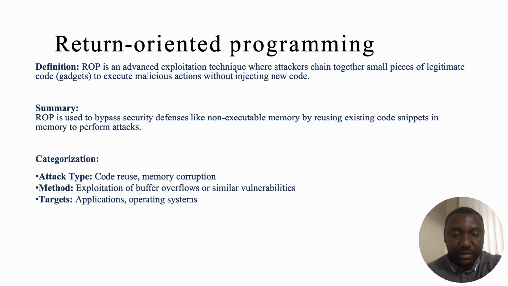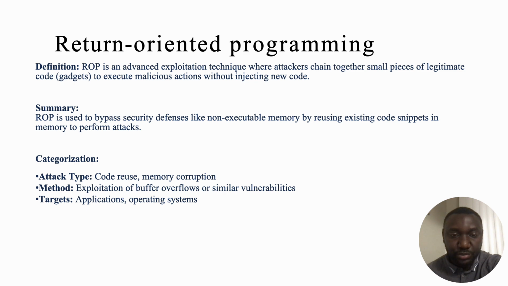And then we have the ROP, which is return-oriented programming. Return-oriented programming is an advanced exploitation technique where attackers chain together small pieces of legitimate code, which are gadgets, to execute malicious actions without injecting new code.